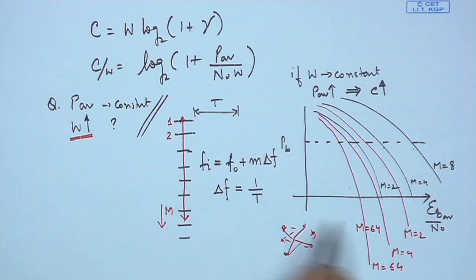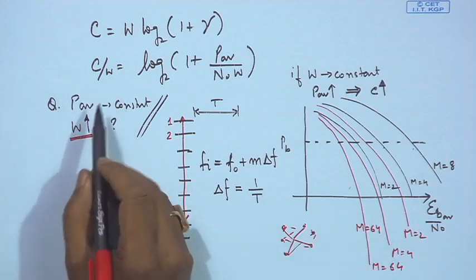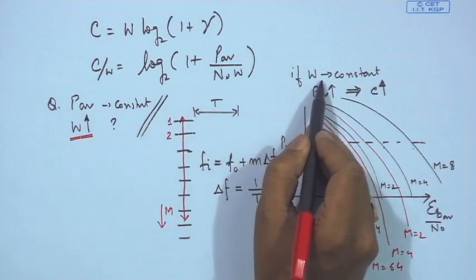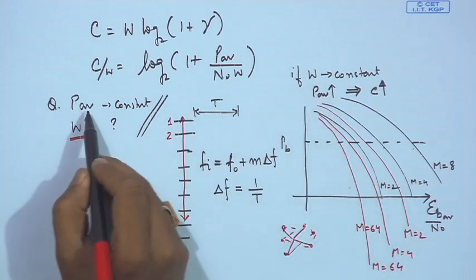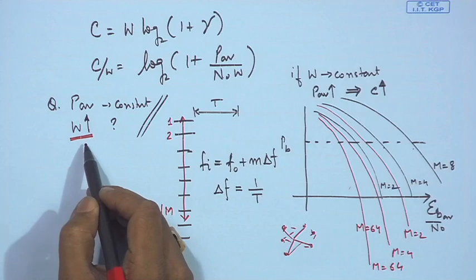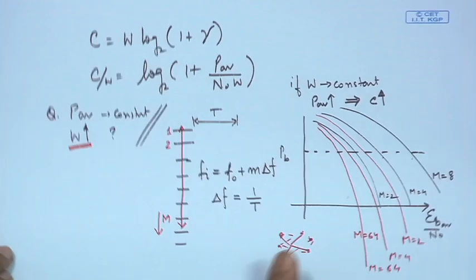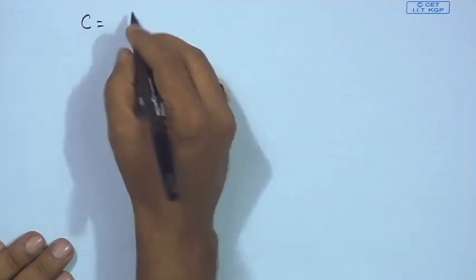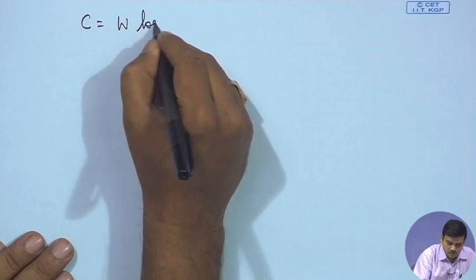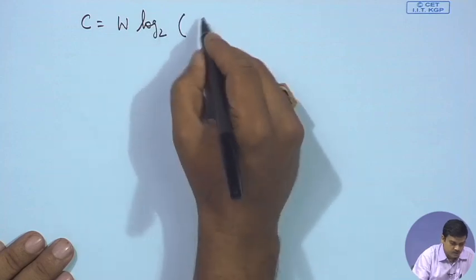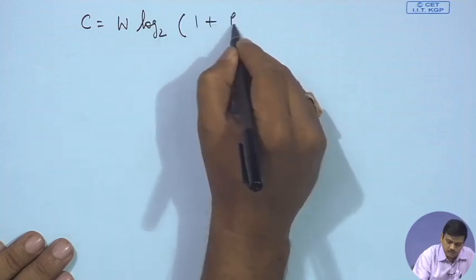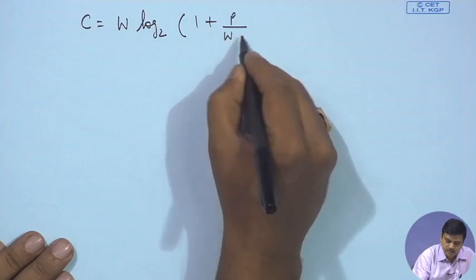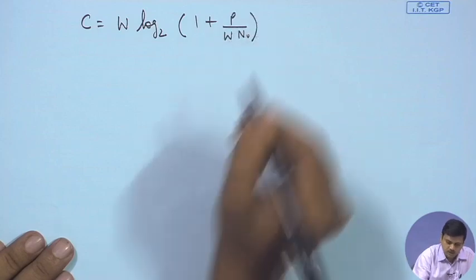So, what would be the impact on PAV? In the previous discussion we kept W constant and we increased PAV. In this discussion we would like to keep PAV constant and increase W. So, let us look at the expression of C is equal to W log base 2 of 1 plus P upon N naught W. I am writing P for short notation.